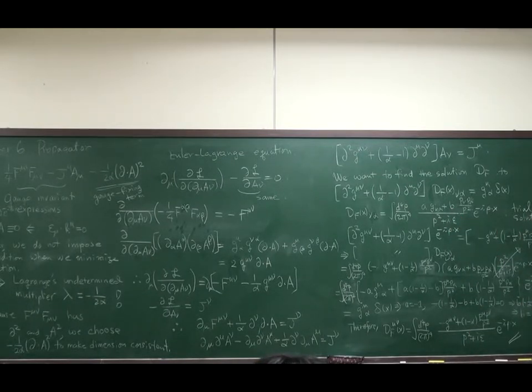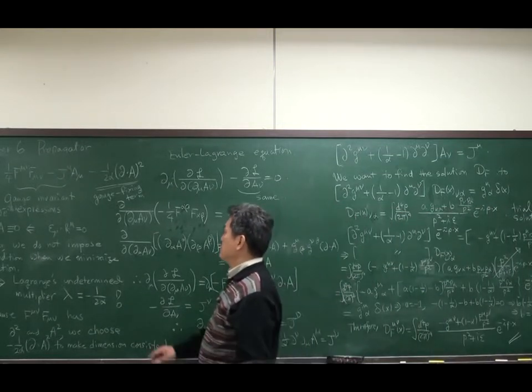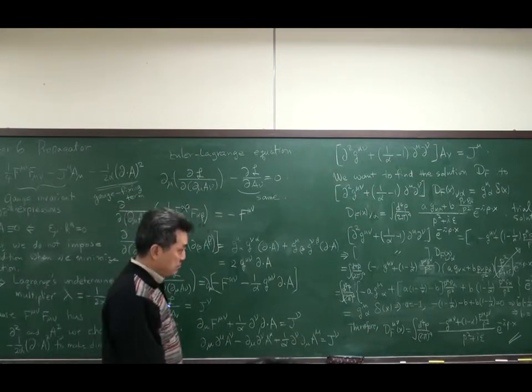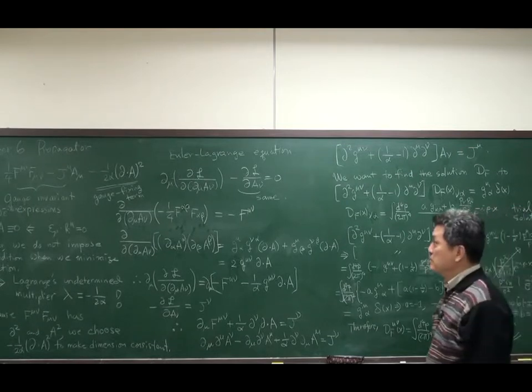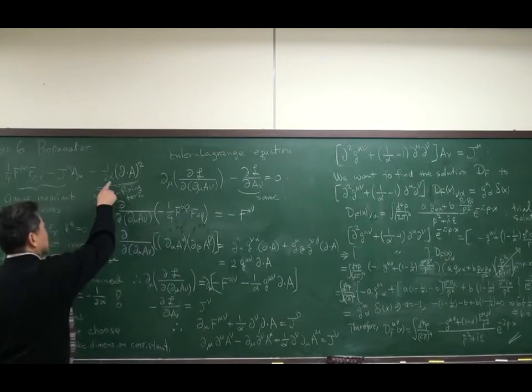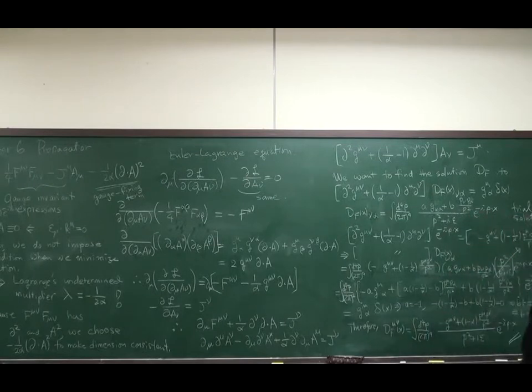Therefore, the Photon propagator for the photon with this general gauge fixing term is the integration over the four-dimensional momentum with the numerator minus g mu nu plus 1 minus alpha p mu p nu, divided by p squared plus i epsilon, multiplied by the exponential minus i p dot x. Okay, it is so general. If I vary alpha to various values, it is also true.